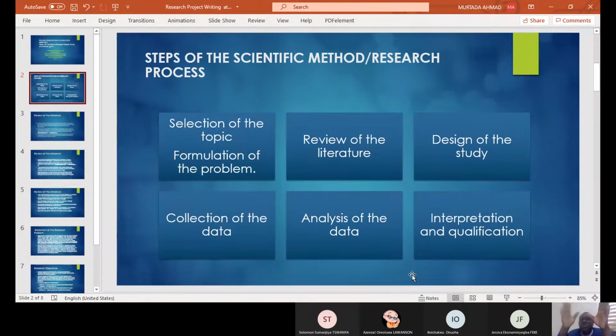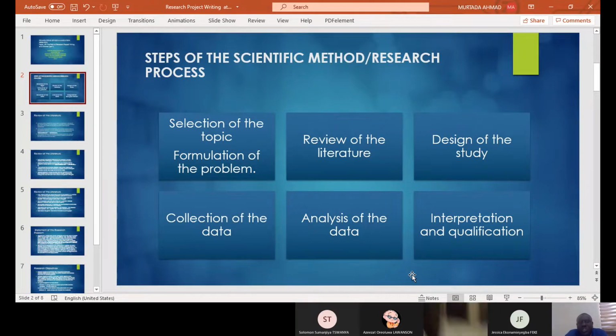But first and foremost, it is good we talk about the concept. Once we are reviewing the literature, we'll be able to get our way to the theory to use. And one thing about literature review is that it is always located in the second chapter. So chapter 2 is made up of review of the literature.